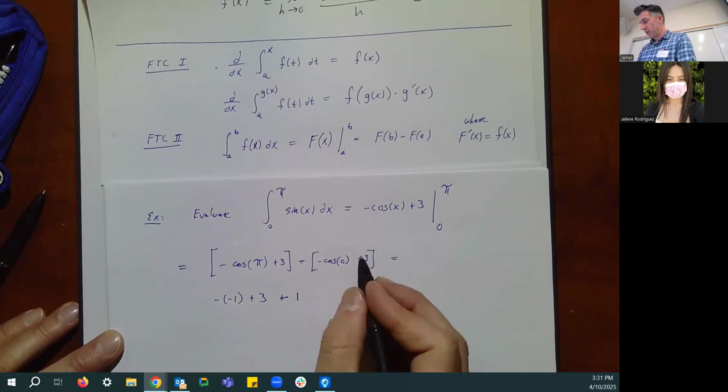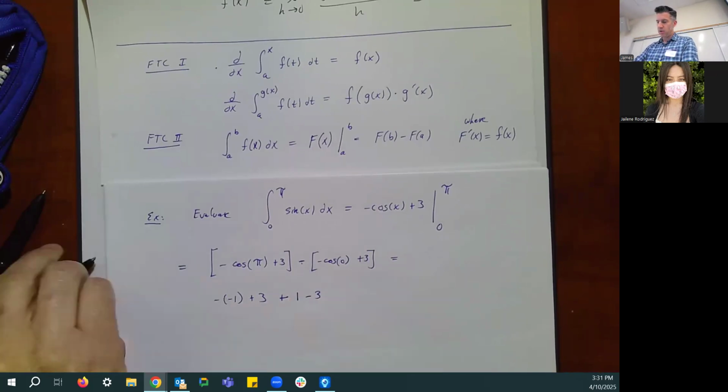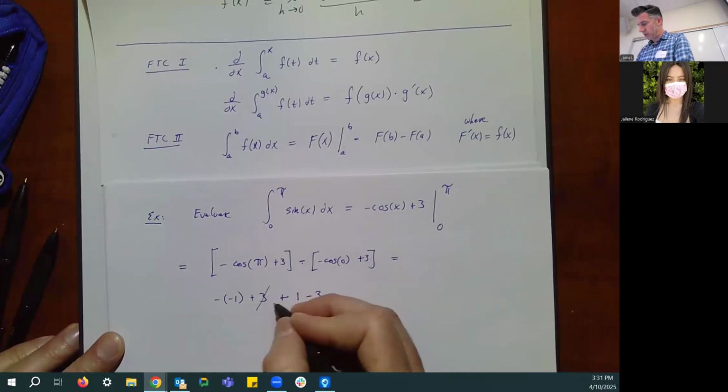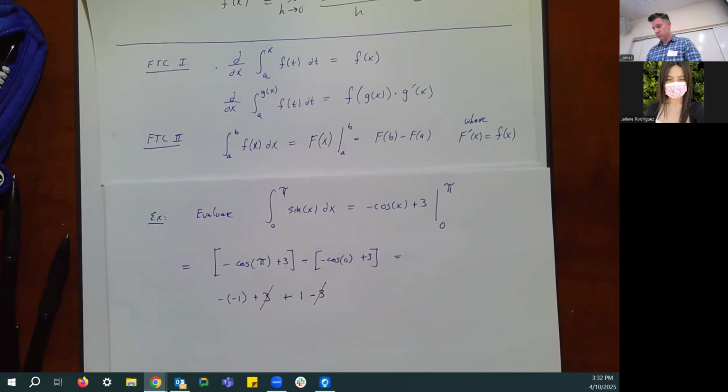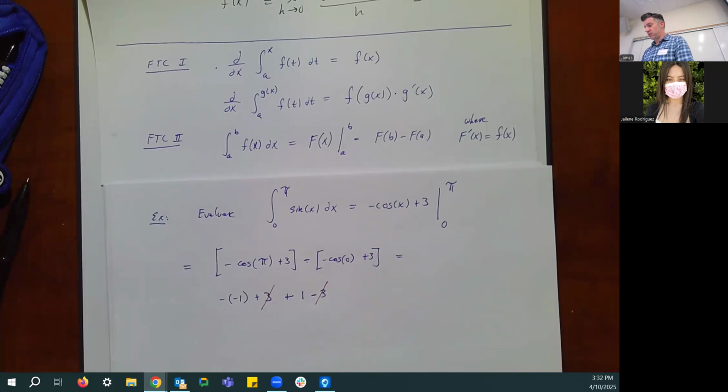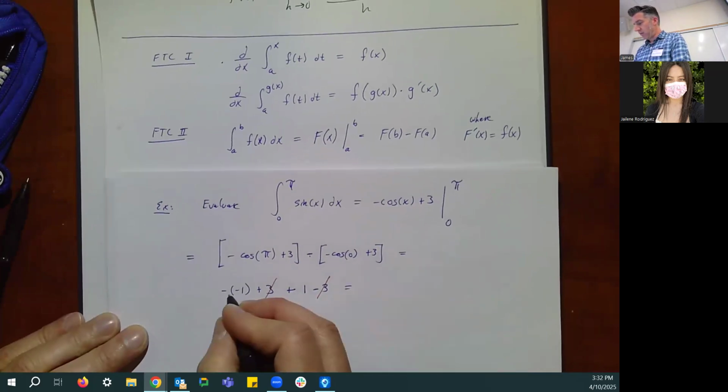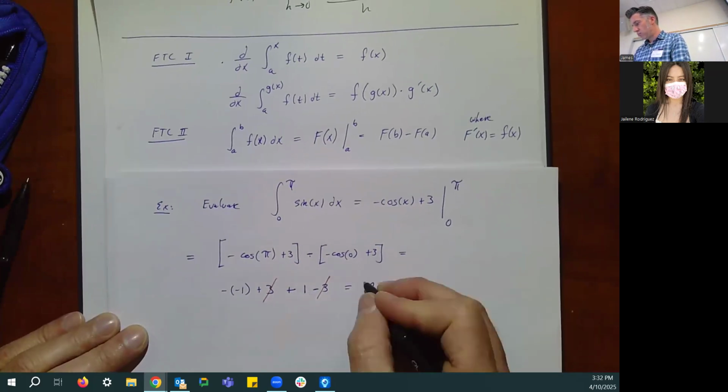And then minus a positive 3 is negative 3. And hey, look, those 3's definitely cancel. It wouldn't have mattered if they were 3's or 30's or a billion. They would still cancel no matter what they were. So we don't ever need to write that plus a constant, whether it's 3 or c or anything. You can, it's not necessary. Negative 1 plus 1 is 2.